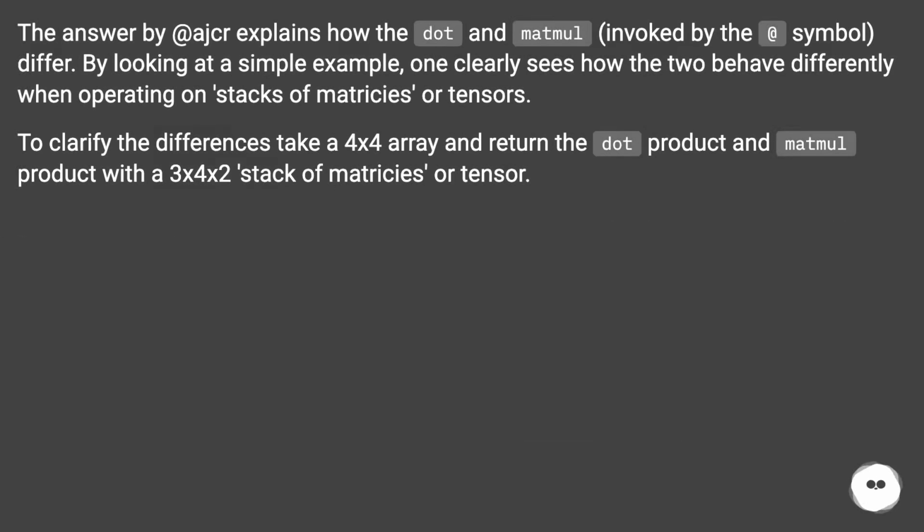The answer by @ajcr explains how the dot and matmul, invoked by the @ symbol, differ. By looking at a simple example, one clearly sees how the two behave differently when operating on stacks of matrices or tensors. To clarify the differences, take a 4x4 array and return the dot product and matmul product with a 3x4x2 stack of matrices or tensor.